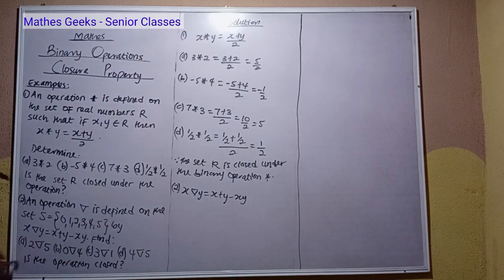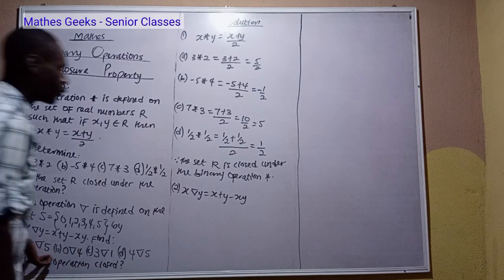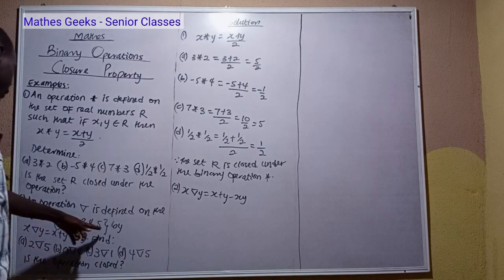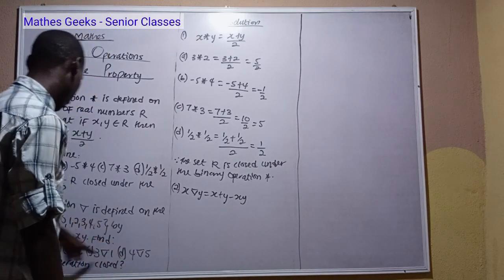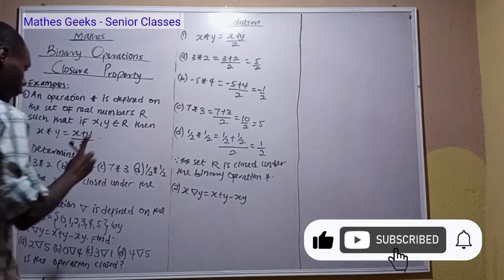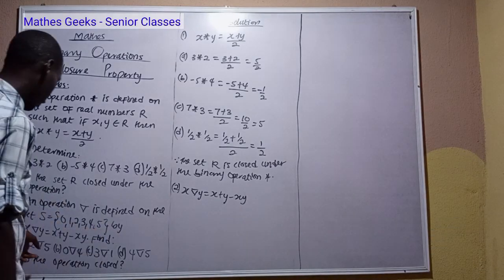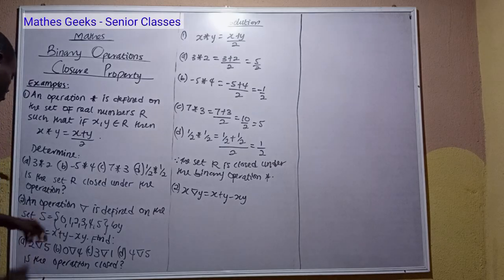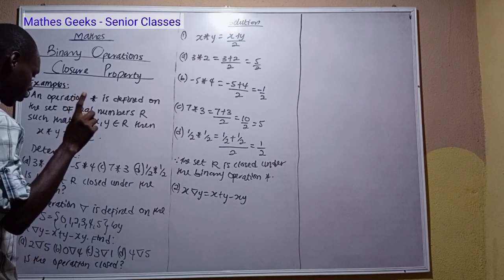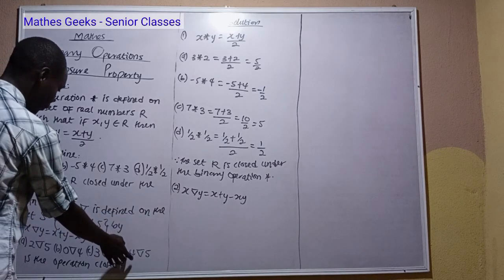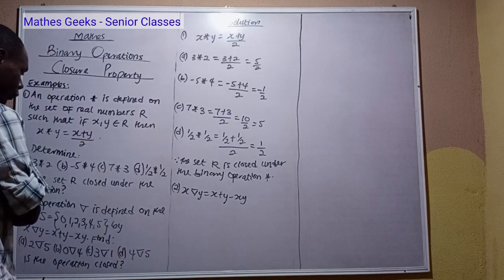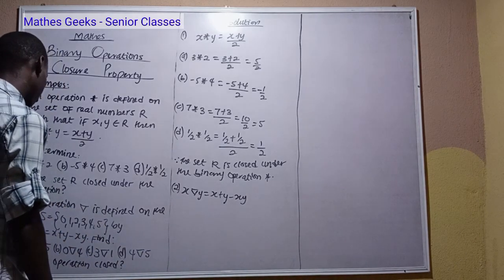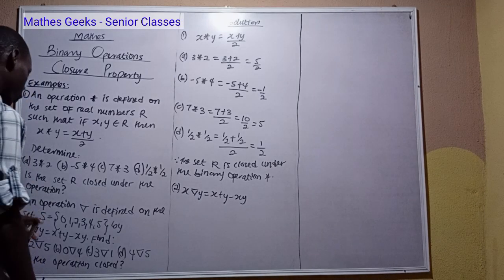For us to determine if the operation is closed, in each case, when we combine the elements given to us, they must produce a third element that belongs to this set S. If in all these options A, B, C, D, the result produced by either A or B or C or D does not belong to the set S, then for the sake of that option, that number that did not produce a third element that belongs to the set S, the set would not be closed under the operation.